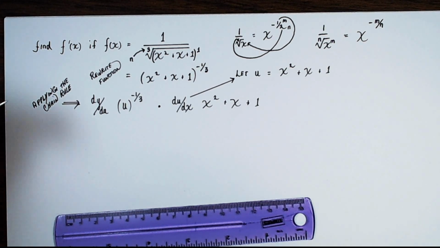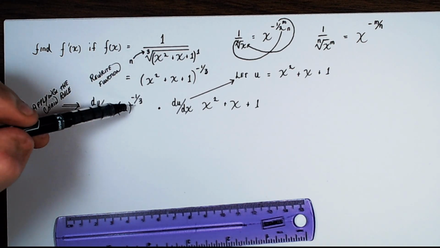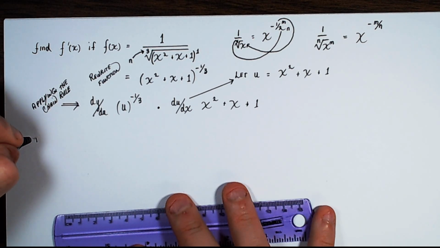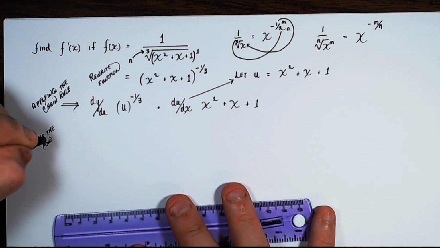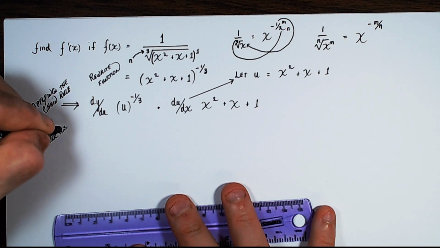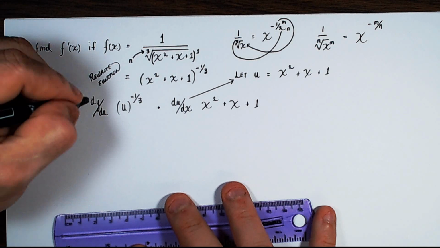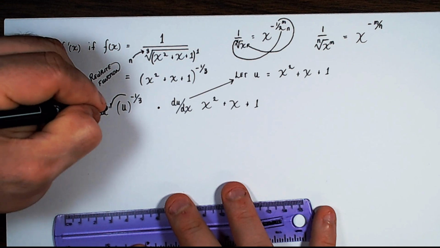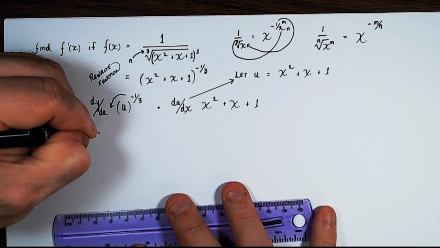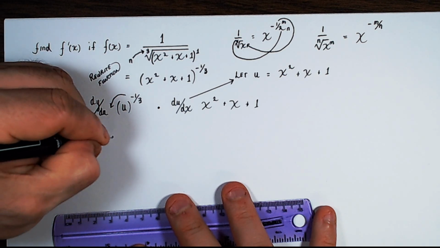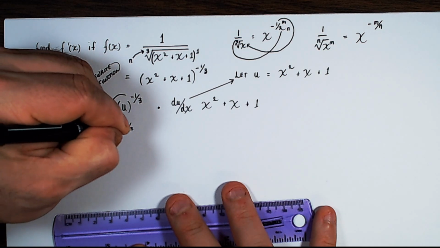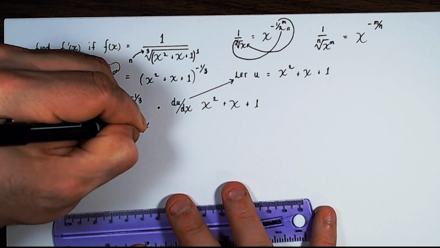Okay, so just follow this logic. Let's just differentiate this thing like it was x raised to the negative 1/3. We'll use the power rule and differentiate y with respect to u, and say we bring this down right here. This becomes negative 1/3 u raised to the negative 1/3 minus 3/3, because it's minus 1.